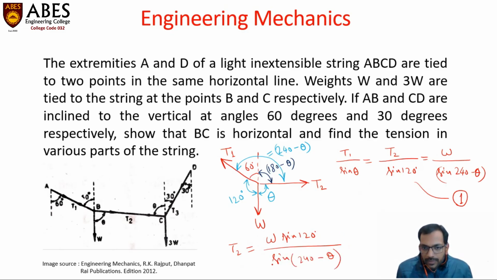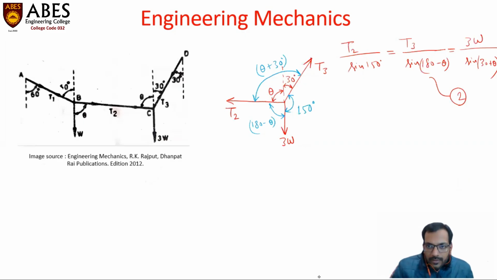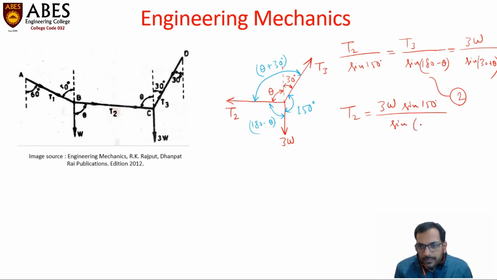So this is the value of T2 from the first expression. And from the second expression, we can also calculate once again the value of T2 is equal to 3W sine 150 upon sine 30 plus theta.